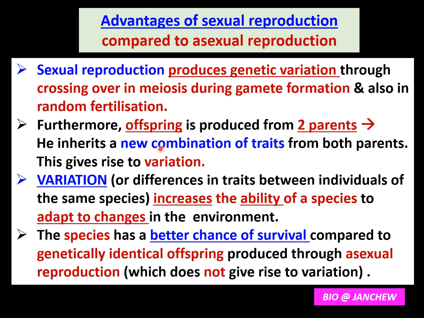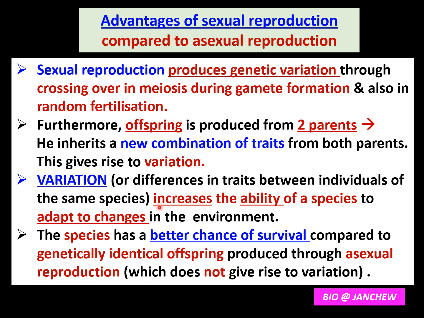So the offspring will inherit a new combination of traits from both parents. So he's neither 100% like the father, nor 100% like the mother, but he has his own combination of traits from both parents. So he is genetically different from his parents and also from the siblings. And this gives rise to variation too.